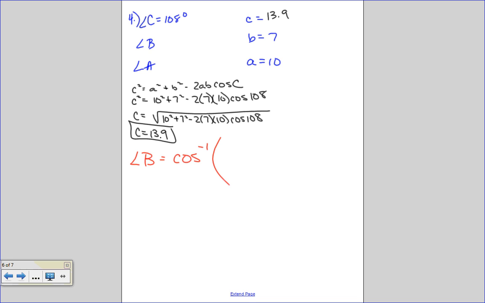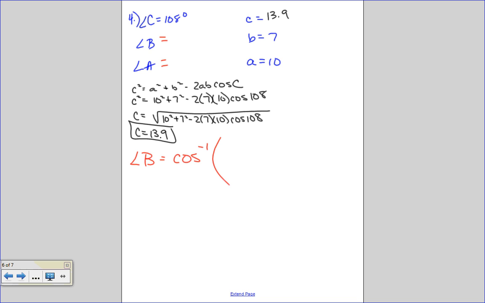Which one is it going to be? You can find angle A or you can find angle B. I just looked up here and I said, well, I'm going to have to find angle B. Whatever you're trying to find, use the cosine of that. Alternate, so cosine B equals that one.